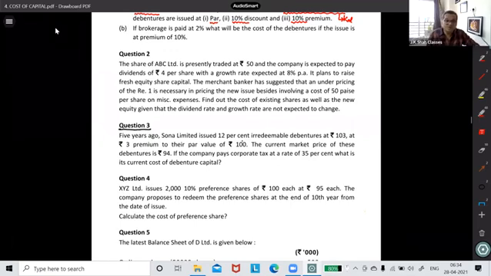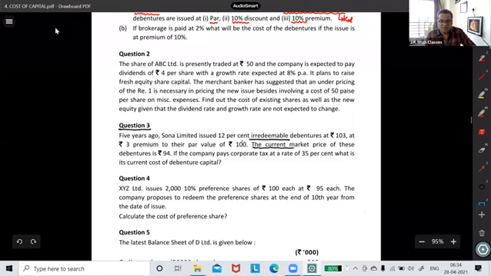So let's talk about question number 3. 5 years ago, Sona Limited issued 12% irredeemable debentures at 103. So the question is very clear. Irredeemable. Follow the question. Simple as that. But these details are all 5 years ago. See, the current market price of these debentures is 94, guys. The company pays a corporate tax of 35%.